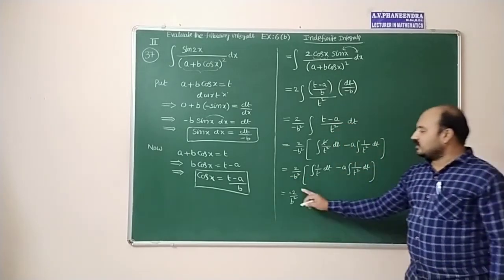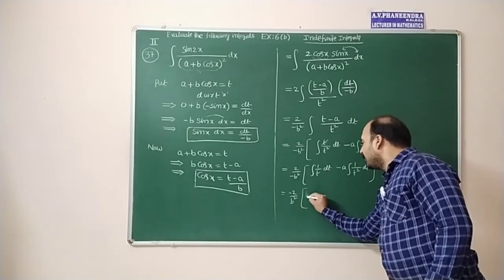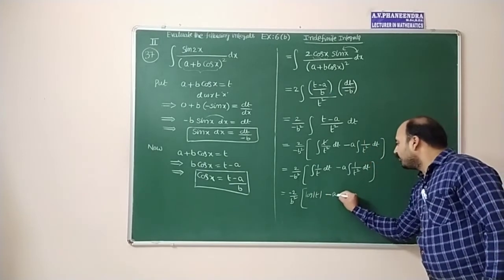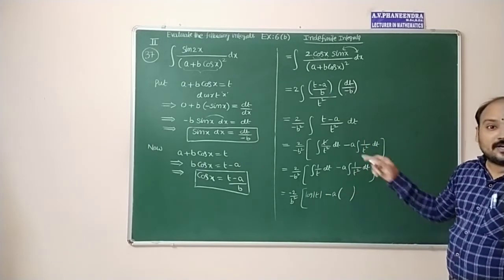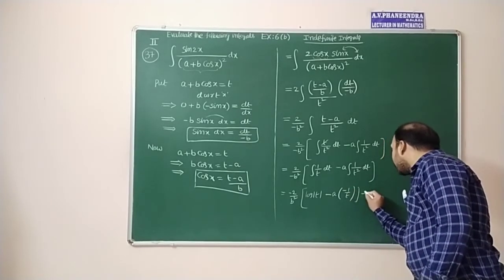so minus 2 by b square, integral 1 by x is log mod x, that means log mod t, minus a into integral 1 by x square, which is minus 1 by x. So minus 1 by t plus c.